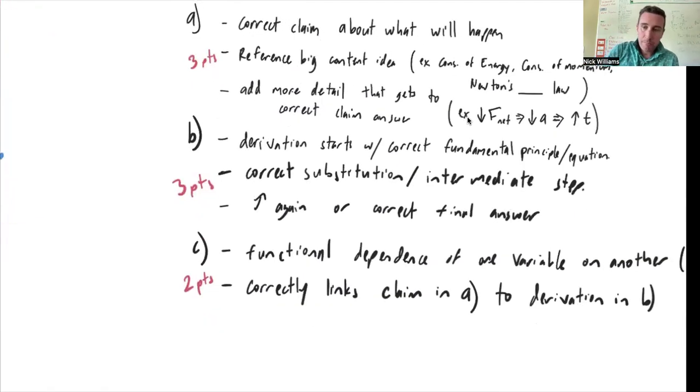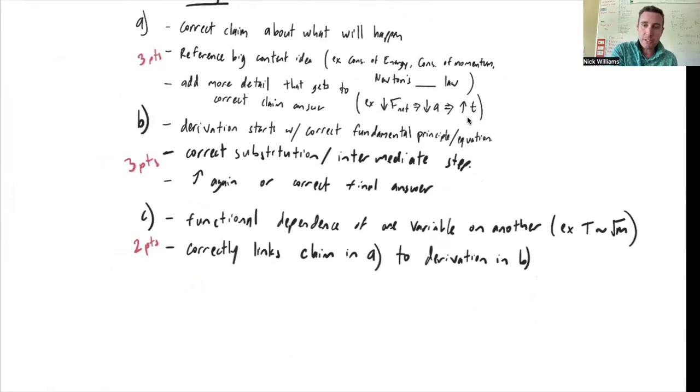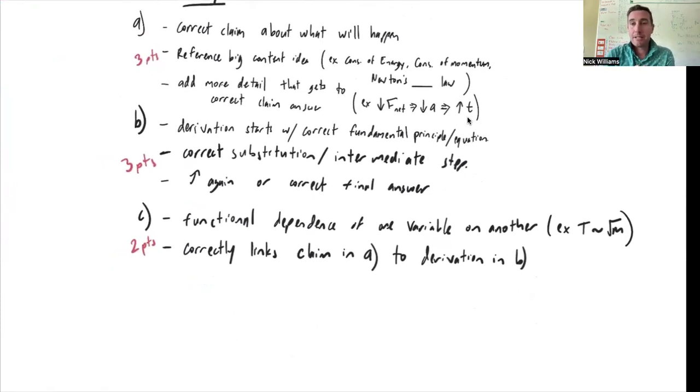And then finally, part C, it's a 2-point part that says match your claim to what happened. So the first part is a functional dependence of one variable on the other. So for example, the period is proportional to the square root of the mass in your derivation.